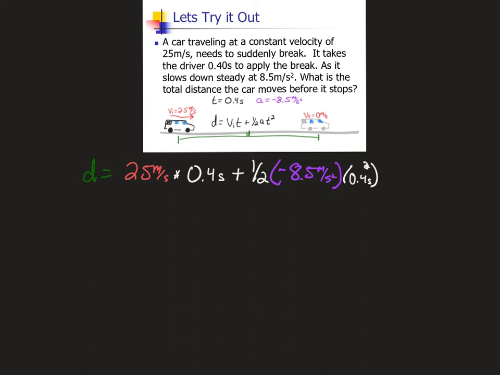And so I'm going to multiply my 25 times 0.4 to give me 10. And in all reality, this would be meters, but we'll just kind of keep the labels off of it as it might confuse some people with that.